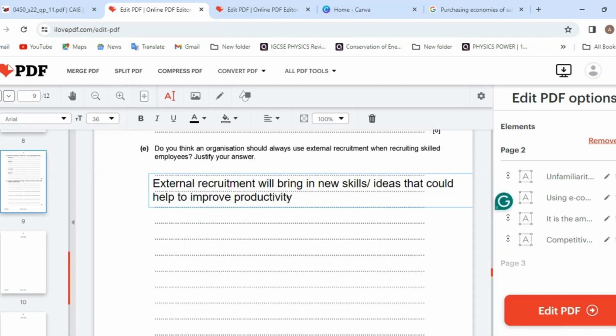Improve productivity. Next one, boost the business. Of course, that is not all.